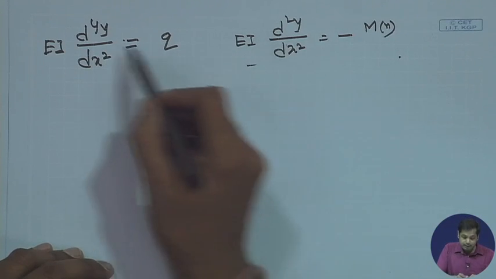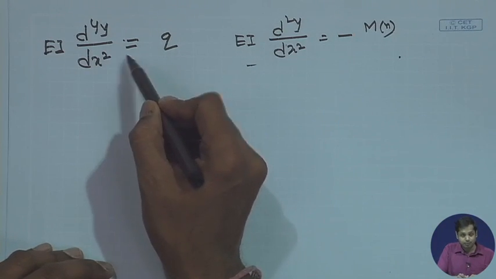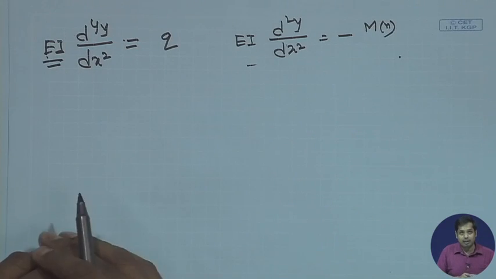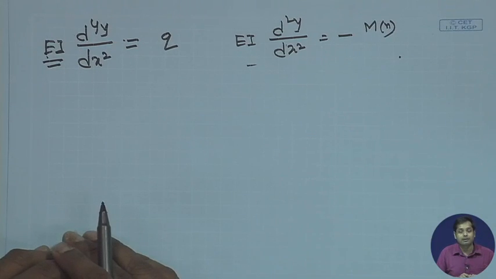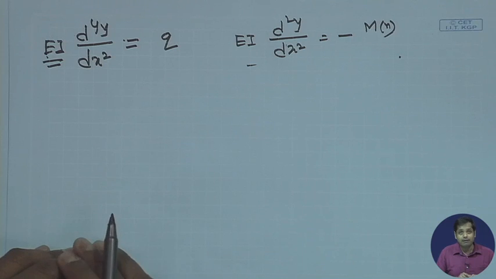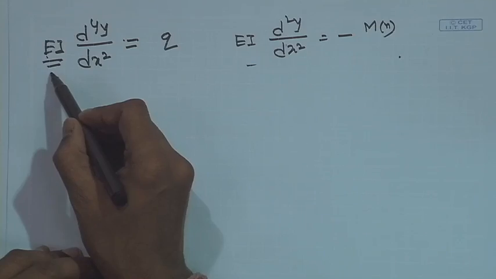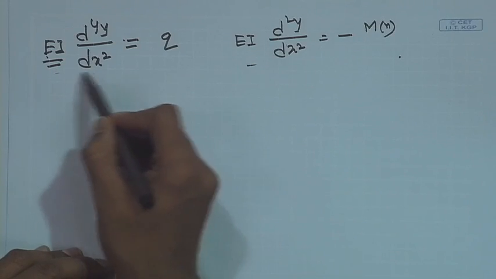When we write this expression, it is assumed that E and I are constant, uniform across the length. They are not functions of x. But if they are functions of x, then you cannot write the expression like this.